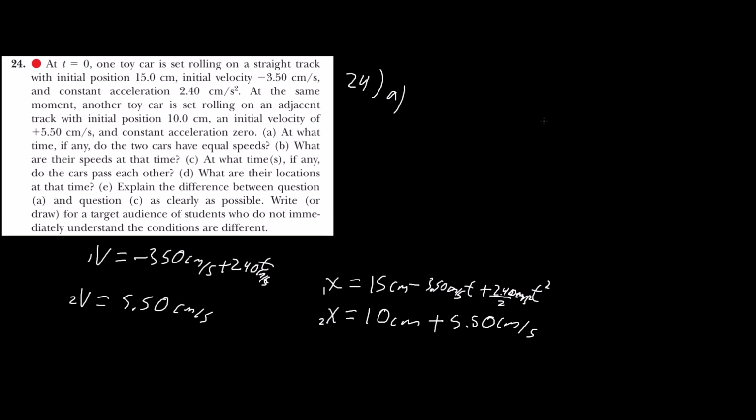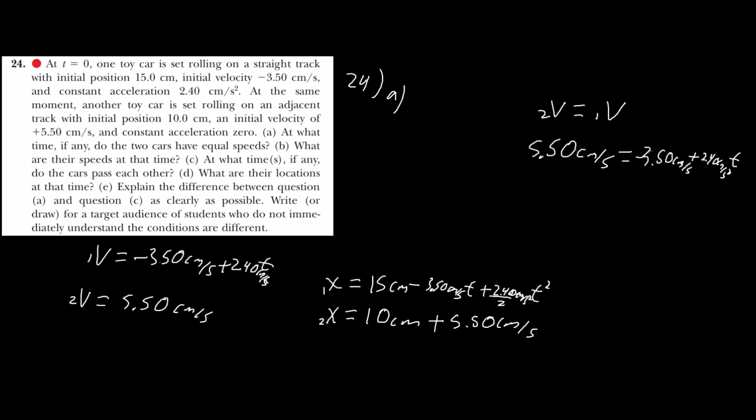So let's set the final velocity equal to the other object's 5.50 centimeters per second. Since the part is asking at what time the objects have equal speed, let's use this equation and say this is some initial velocity, 3.50 centimeters per second, plus 2.40 centimeters per second squared times the time. And here you solve for time.